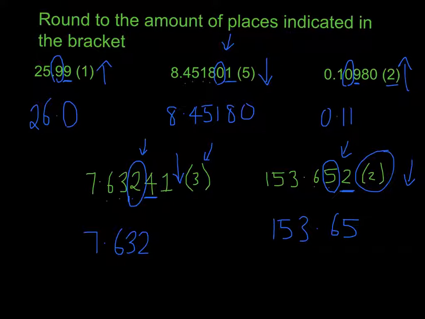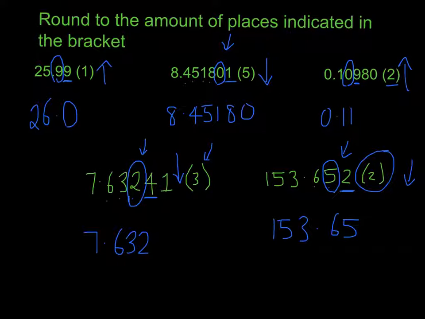So the important points from this video are: identify the place that we are rounding to. So if we go back to our final example, 2 decimal places, find the second number after the decimal, which was the 5. Then the second step is to look 1 place value column to the right. So it's the 2. That number will tell you whether to round up or round down.